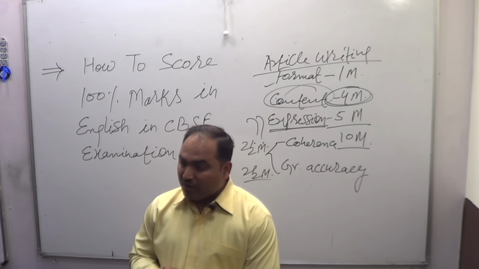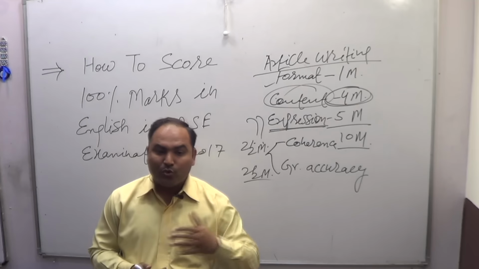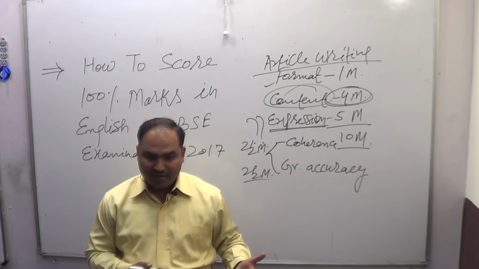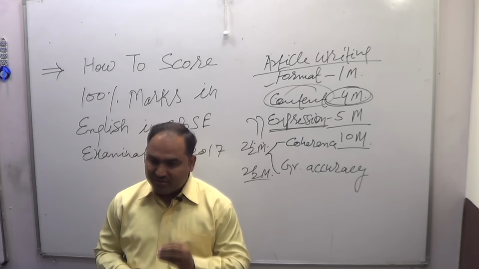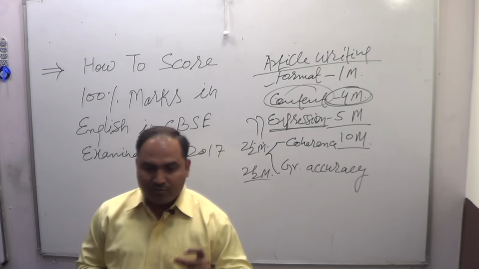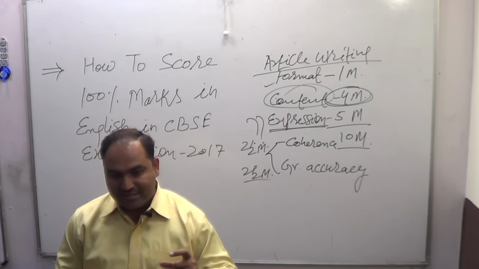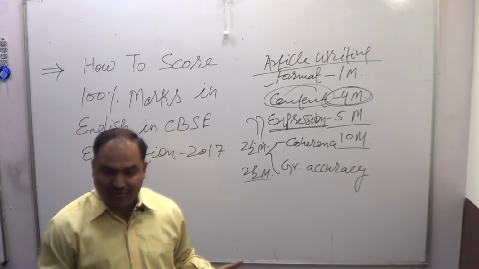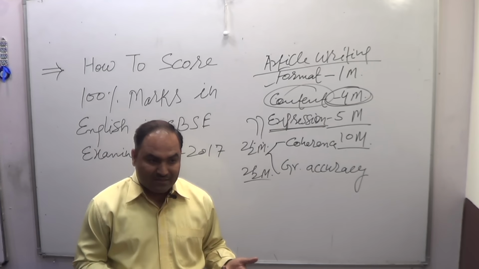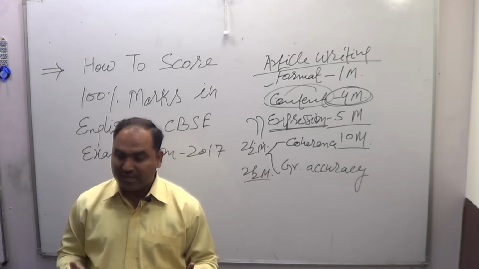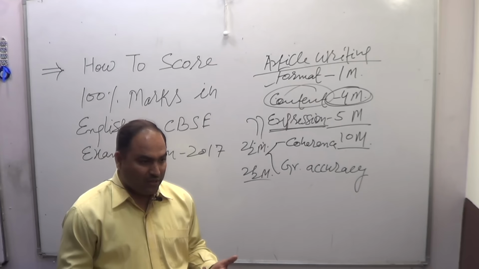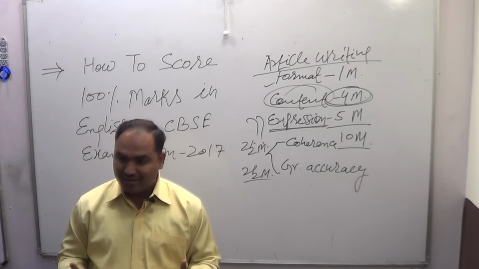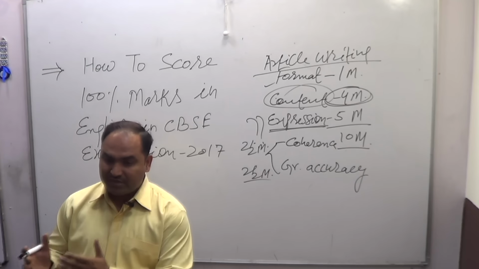So the children are most of the time confused about who is Anis Jung. So children, it is advised to you to go through the names of the poems, poets, chapters and their writers. The questions are given like this: about Douglas, what is the misadventure that happened in the life of Douglas. So if you don't know who is Douglas, you cannot relate the answer from the text.